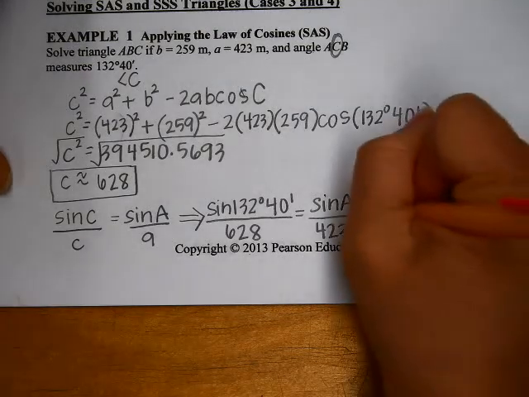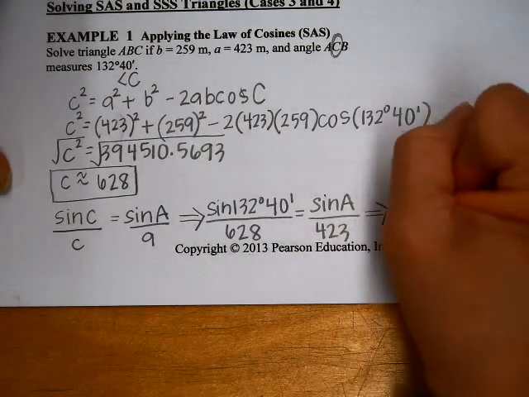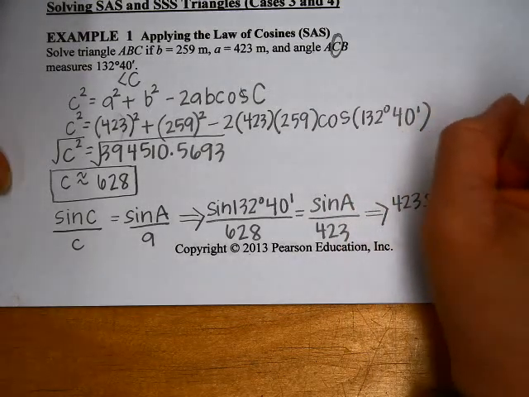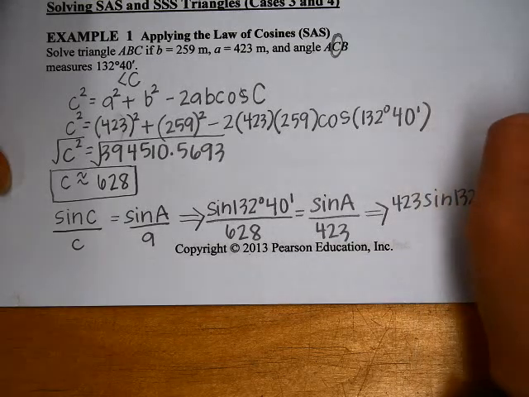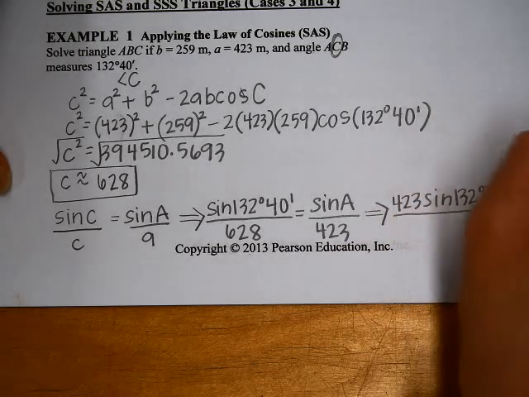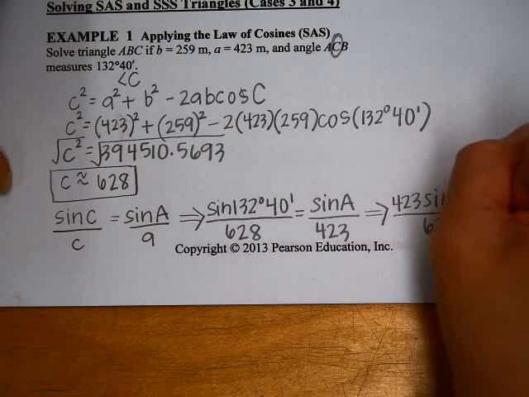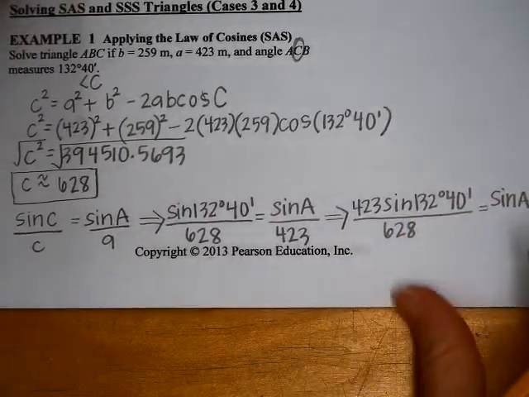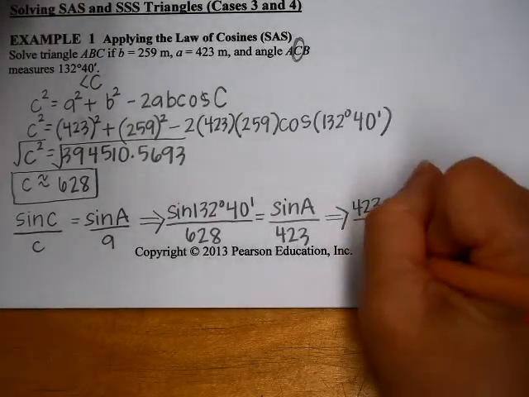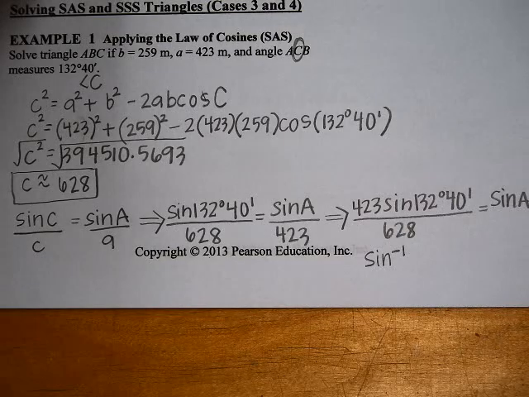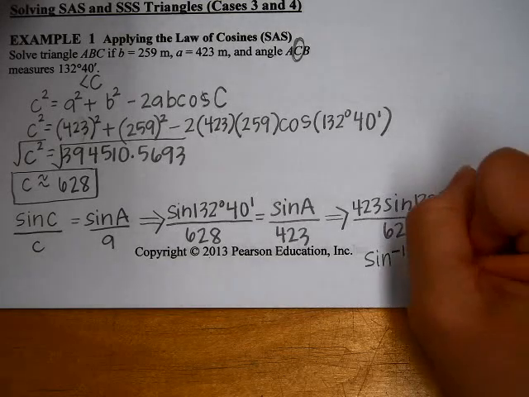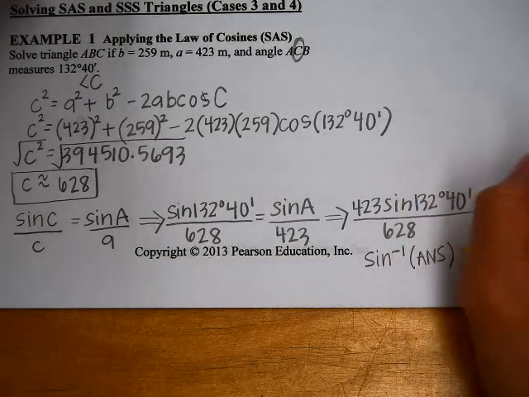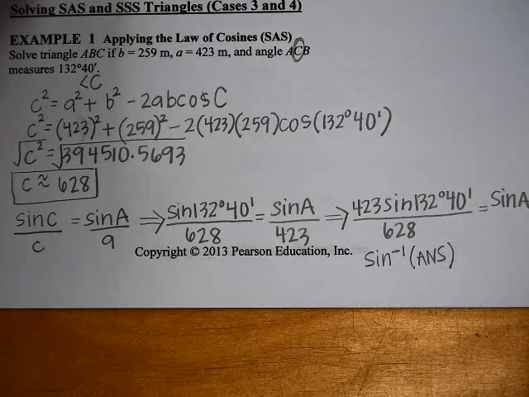Then what do we do? Cross multiply. And then what do you do with all that? Type it all in, and then you're going to have to do inverse answer, right?